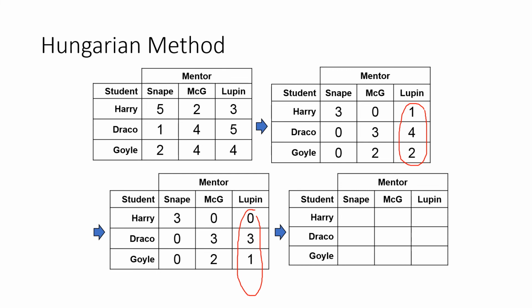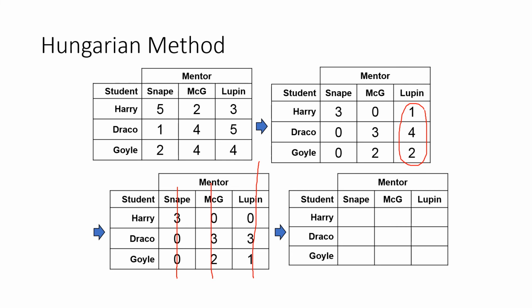So now the algorithm says try to cover all the zeros using the minimum number of rows and columns. For example, if I cover all the zeros here, I can cover those zeros, and then these zeros and those zeros. So I'm using here 3 columns, but this is not the minimum number.